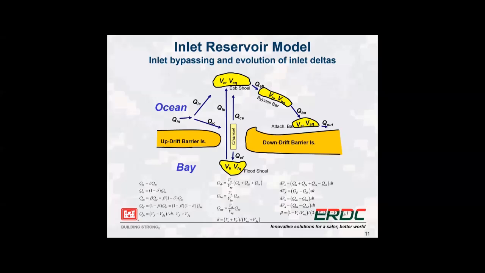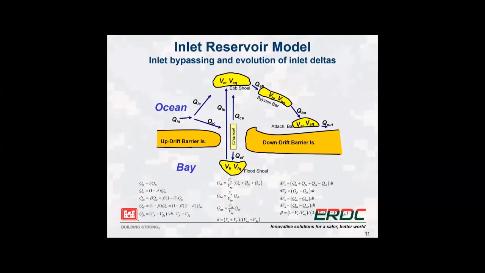So the fluxes are adjusted according to the equations at the bottom of the screen. For example, QBA: if the current volume, VB, is greater than the equilibrium volume VBQ, then the transport from the bypass bar to the attachment bar is greater than the flux from the ebb shoal to the bypass bar.